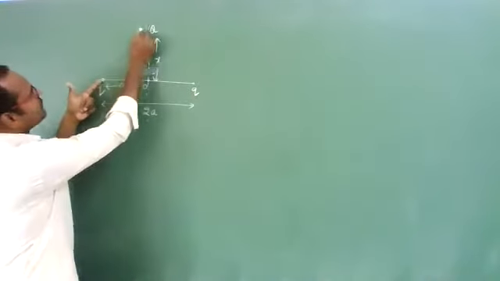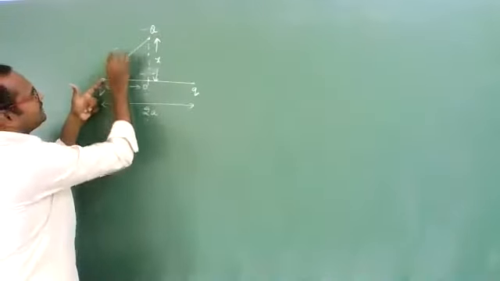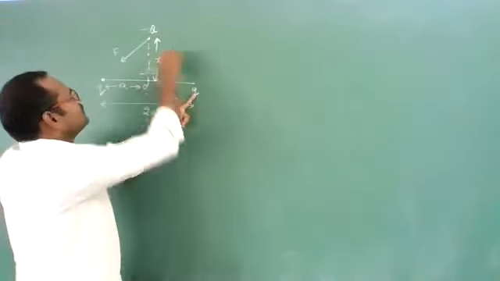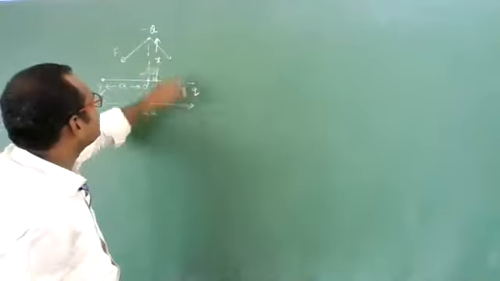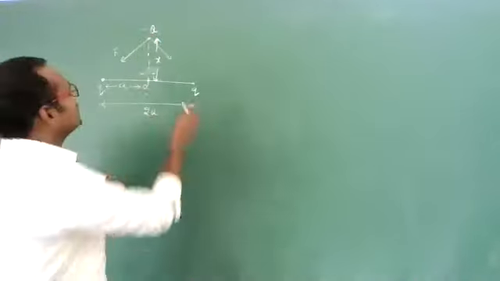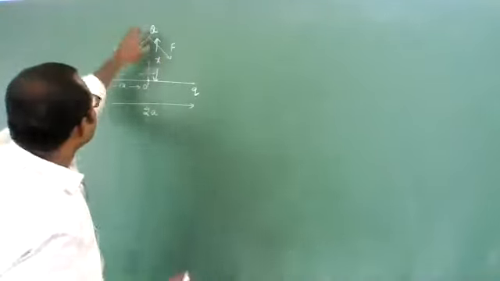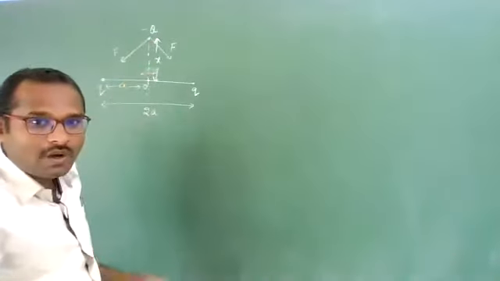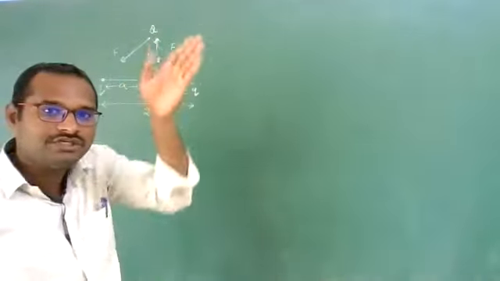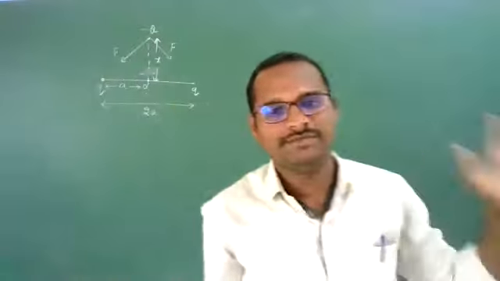Due to this charge, a force will act on this negative charge in this direction. Let us call this F. Due to the other charge also, a force acts, and I am showing this side because it is an attractive force between positive and negative charge. So due to these two forces, it can come back to its original position. Along the perpendicular to the line joining these two charges, this negative charge is in stable equilibrium.